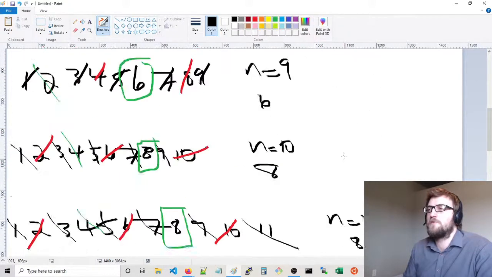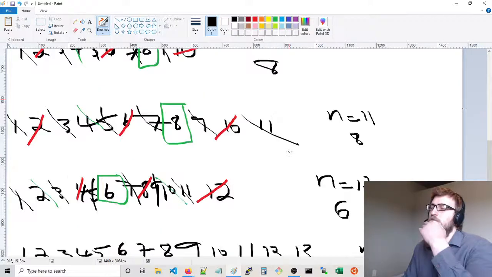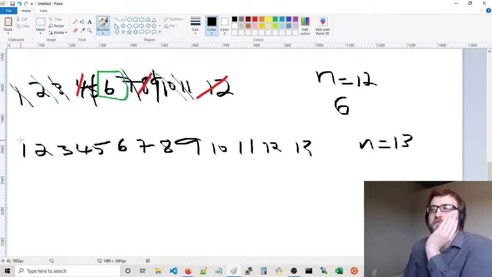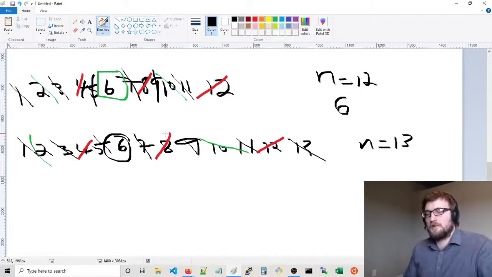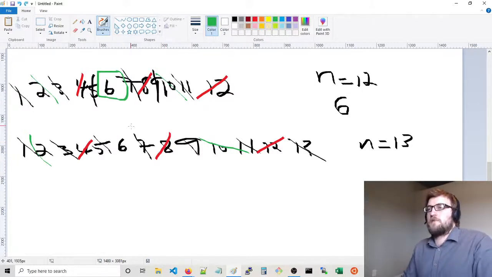So I don't quite have an idea of what the pattern is yet. Okay. 1, 2, 3, so 7, 9, 11, 13, 12, 8, 4, 2, skip 6, 10, and I think it's just 6 again. Huh, how does that happen?